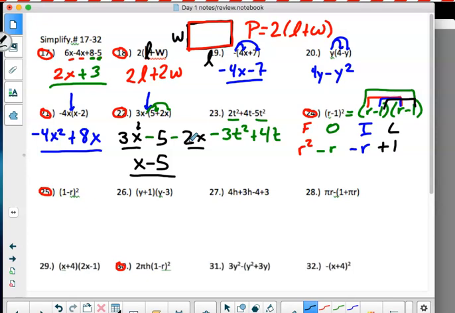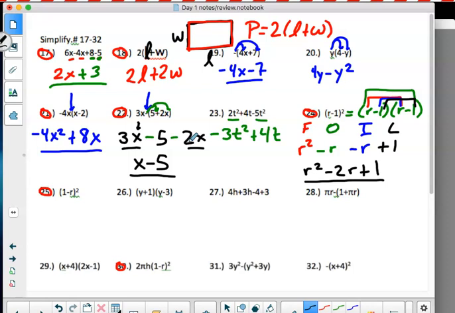Now, when I do FOIL, the inside and outside terms will combine if it's just a binomial times a binomial. So I have r squared minus 2r plus 1 as my simplified solution.